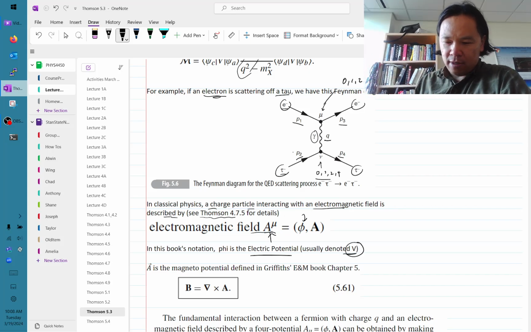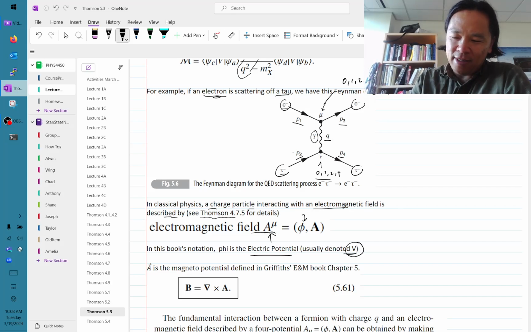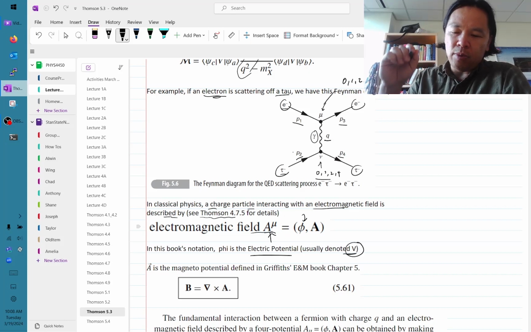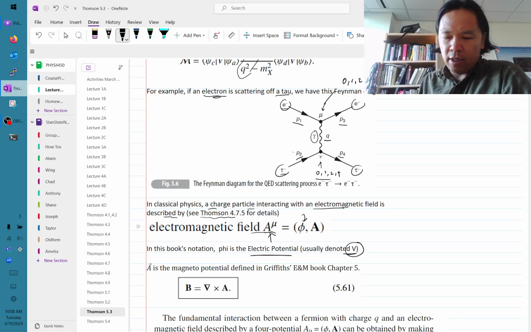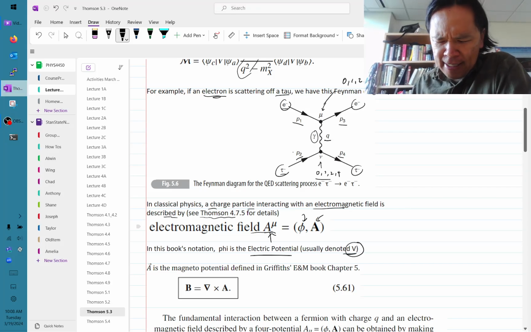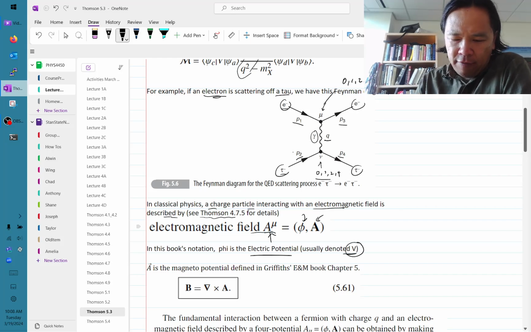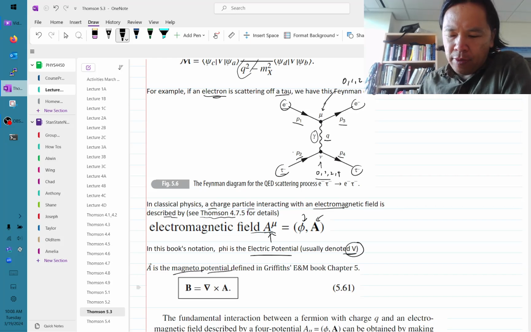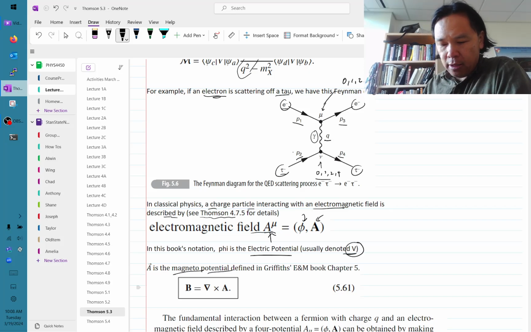But anyway, they didn't want to use V for the potential, because we use V for potential energy in particle physics, so they used phi for the electric potential. And then this A here is actually the magnetic potential, and you may not have run into this until you take the upper division electricity and magnetism class.